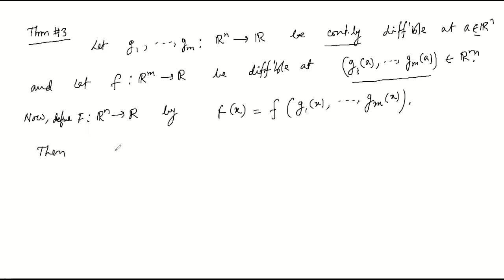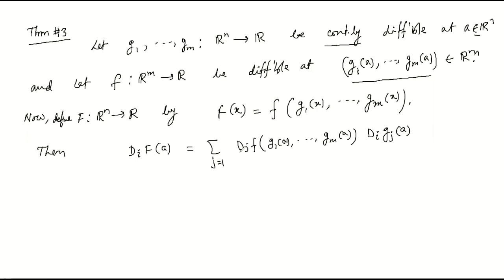Now the ith partial derivative of F at the point A is given by the following expression: the sum over j equal to 1 to m of d_j f at the point g1 of A, and so on, gm of A, times d_i, the ith partial derivative of the jth function g_j at A. Well, this is the theorem.